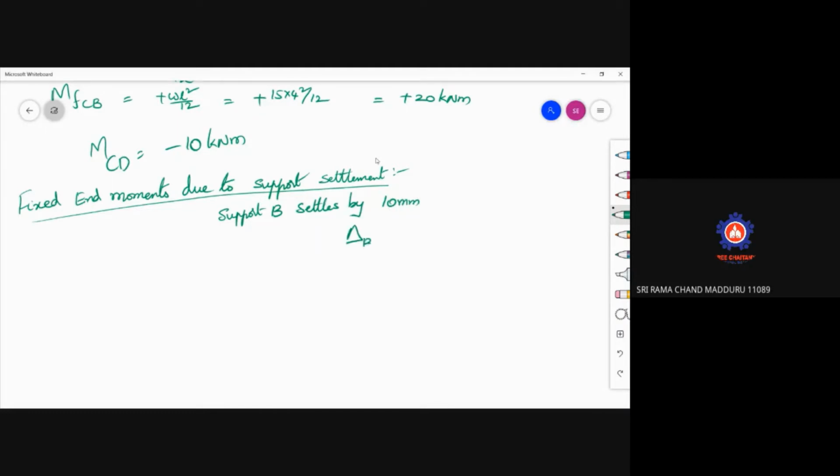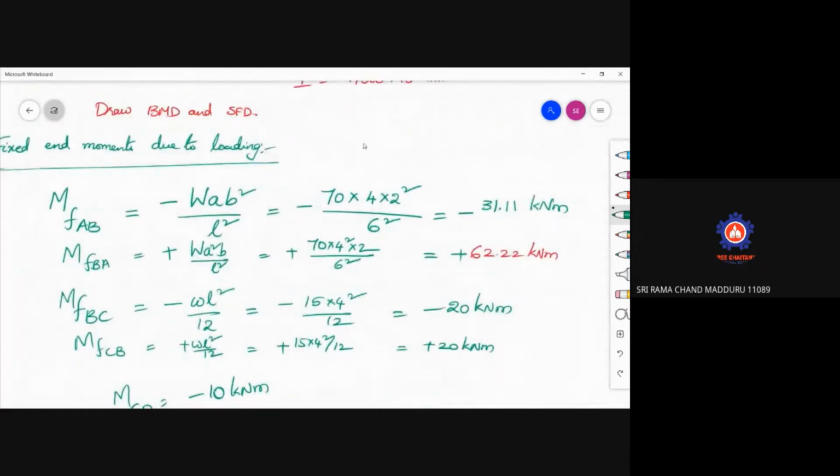So delta B is minus 0.010 meters. So convert in terms of meters. Why? Because length is in meters, everything should be converted in terms of meters.